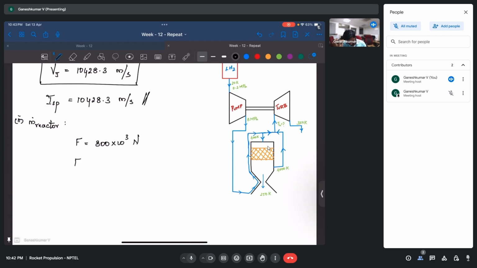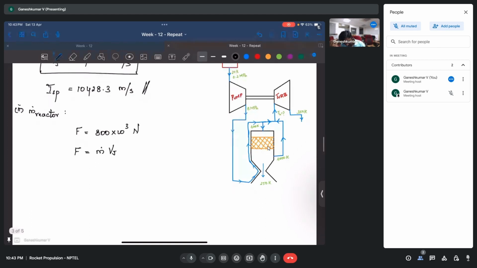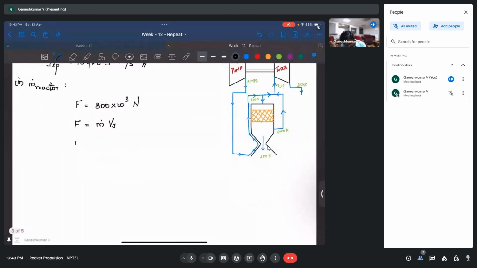And thrust is m dot into Vj. We do not have a pressure thrust here. So we already know Vj and F, so we can directly find the m dot. This is the m dot through the reactor. Maybe, for the sake of completeness, I will write it out.